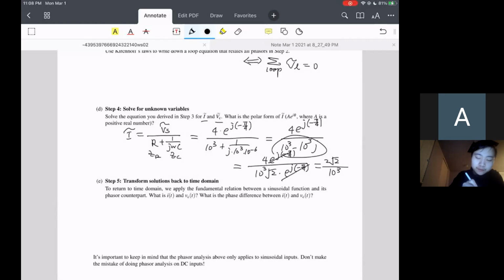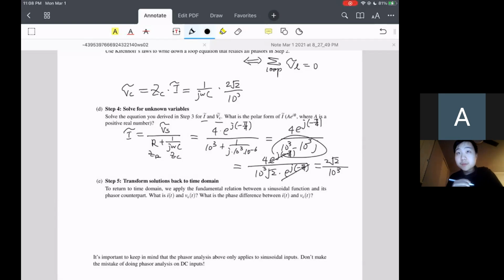Okay, I'm gonna write it right here on top. So we see that VC tilde is actually equal to ZC times I tilde, right? By definition, this is true. And ZC is equal to 1 over j omega c times 2 root 2 over 10 cubic.